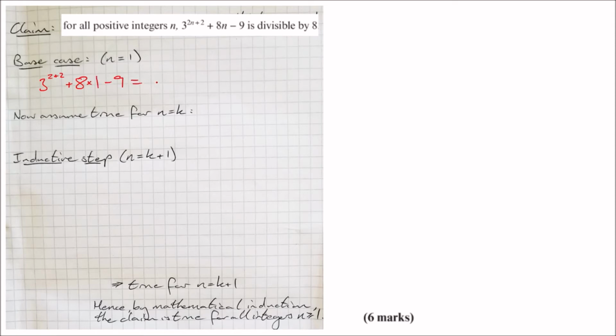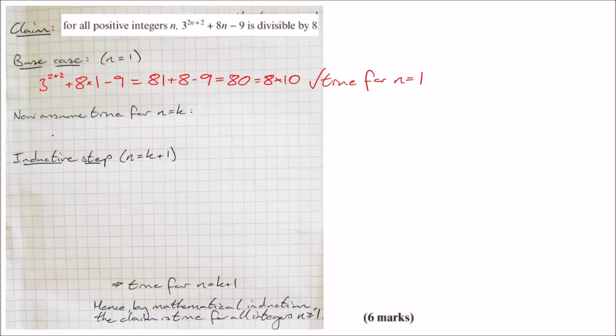There we go. That is 81 add 8 minus 9. That is 80, which we know is 8 times 10, but I'm going to write that so it's obvious that it's divisible by 8. I'm going to write true for n equals 1 with a tick. Great.